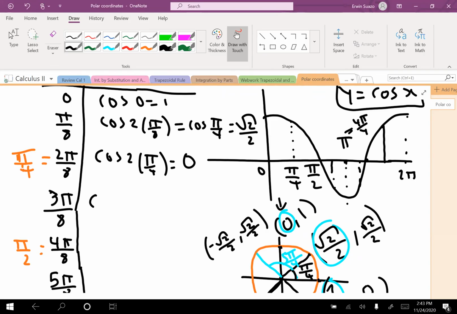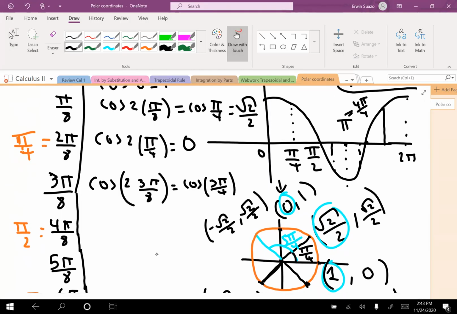Then I have cosine of 2 times 3 pi 8. So that's cosine of 3 pi 4. So what is cosine of 3 pi 4? Minus the square root of 2 divided by 2.